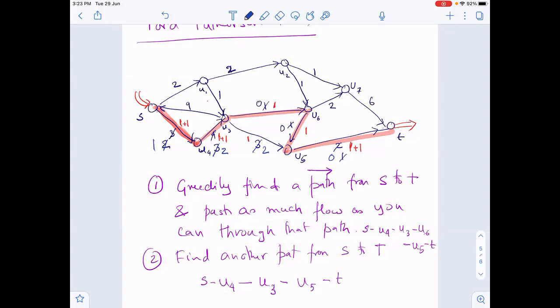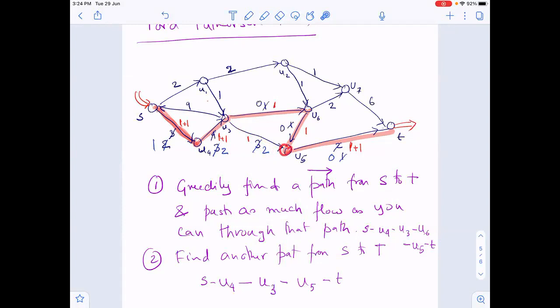Now at this point, let's think about it. From S, there's 1 unit here that I can send. I can send 2 units here. From here, I can of course go back to S, but that's completely useless because I'm going in circles. I can come to here because I still have 2 units over here left.